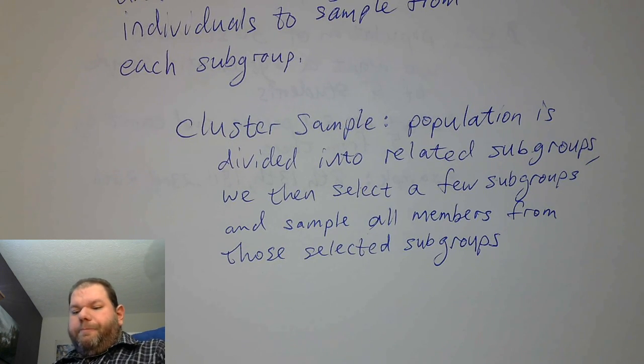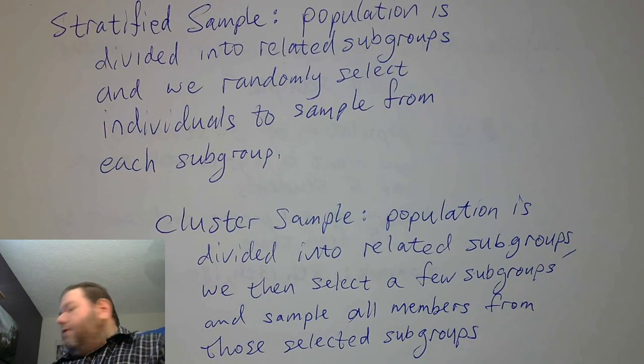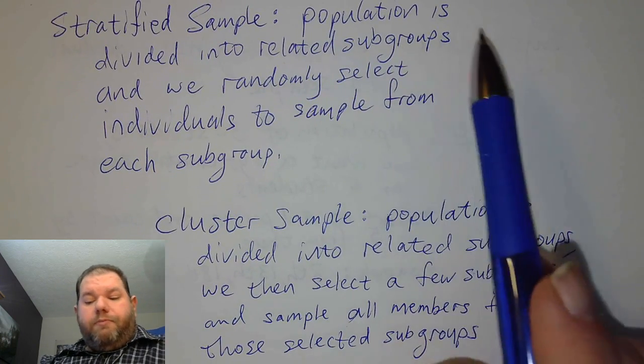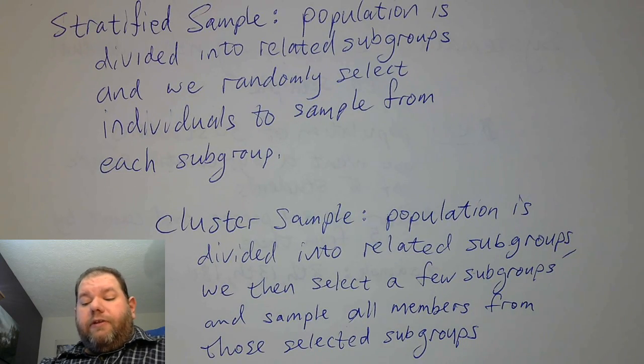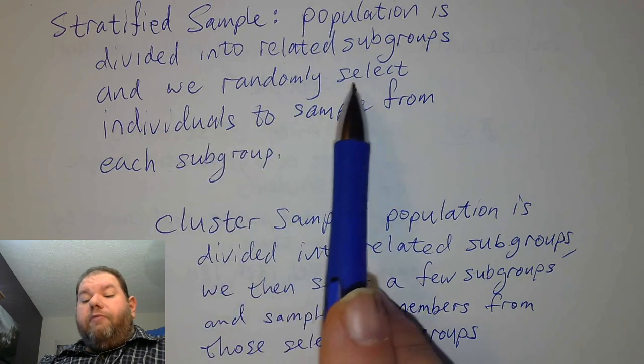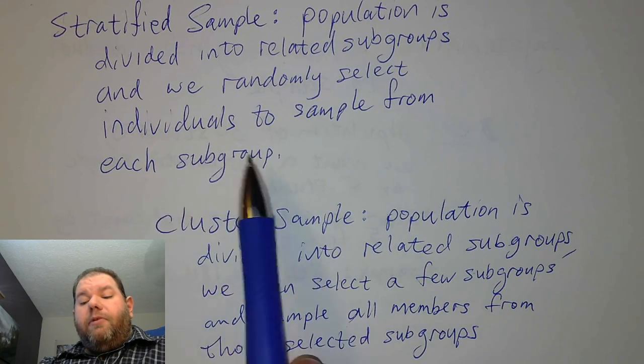Now, this one's a little more challenging, but first of all, let's compare that with stratified. So stratified, in both cases we start with breaking the population up into related subgroups. Stratified, we randomly select individuals to sample from each subgroup.